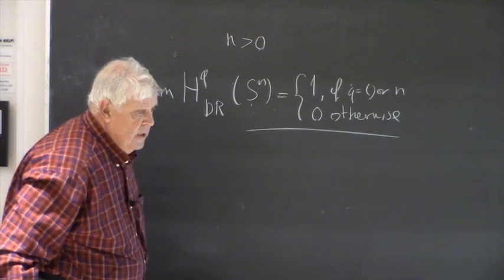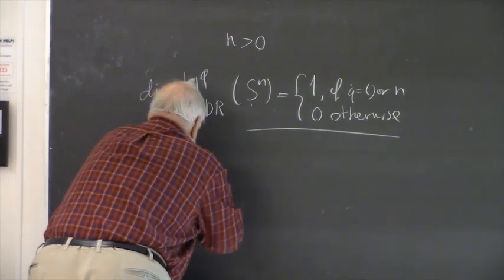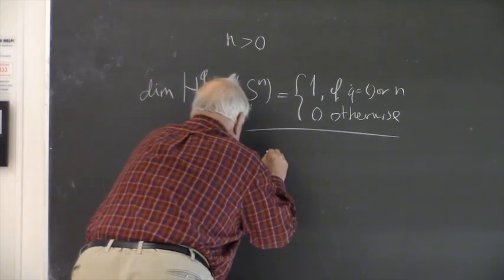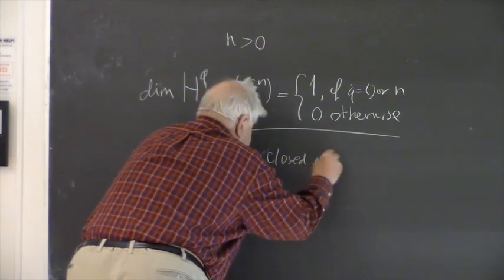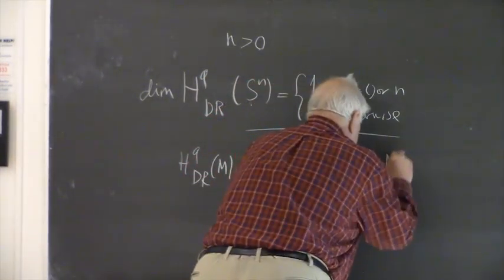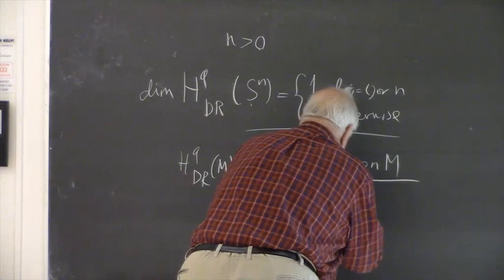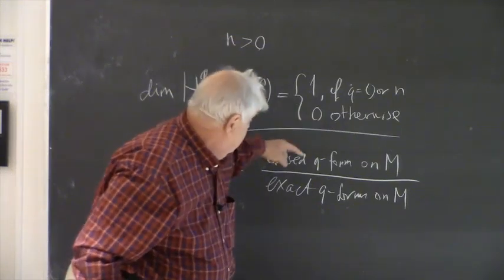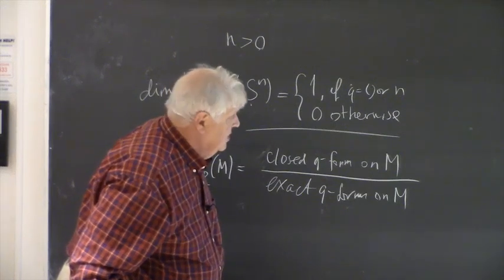Now, if you consider the definition of the de Rham cohomology, you remember H^q de Rham of M is a quotient of the space of closed q forms, q form is an abbreviation meaning forms of degree q on M, factorized by exact q forms on M. So 0 means that these spaces are the same, which means in turn that every closed form is exact.